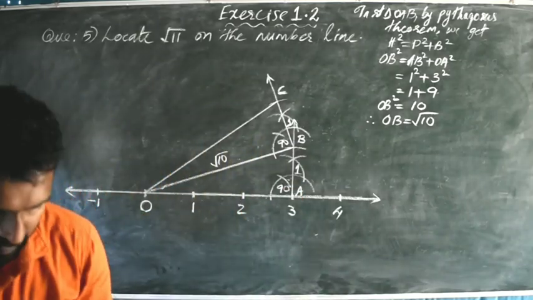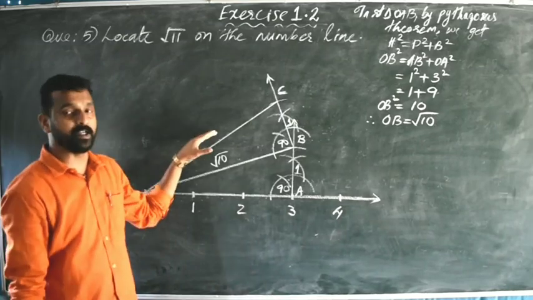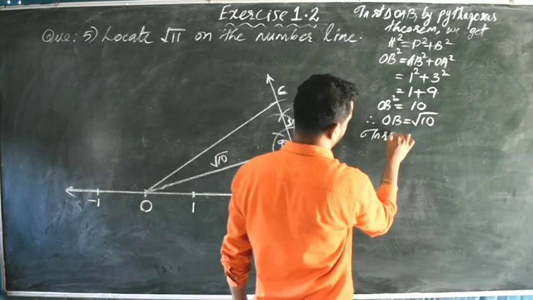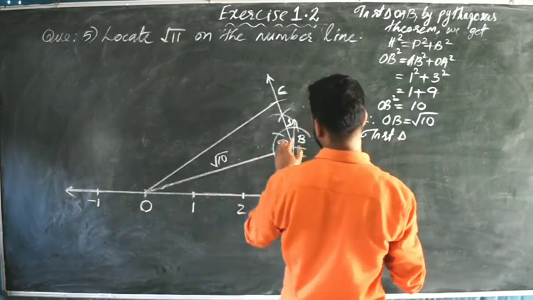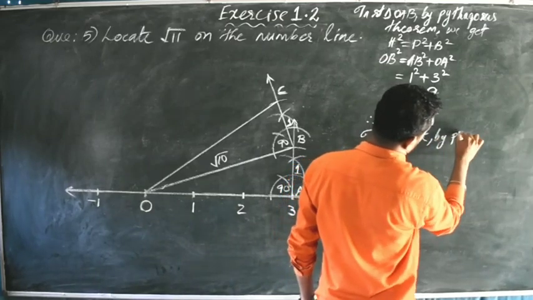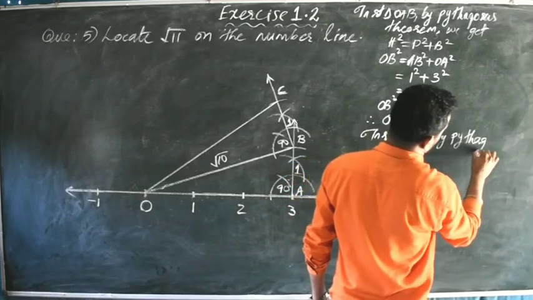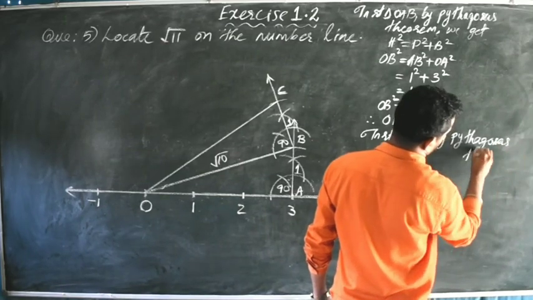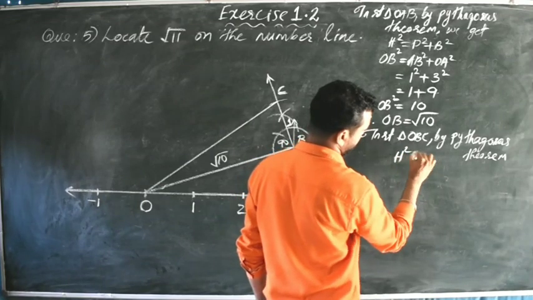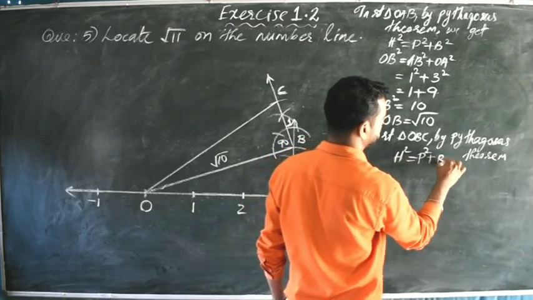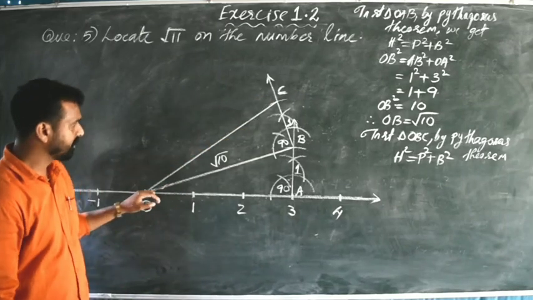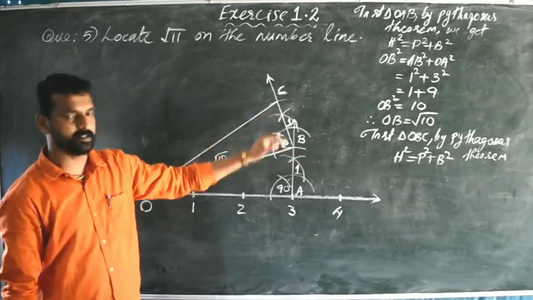Again there we can use Pythagoras theorem to find the hypotenuse. So we will write, in right triangle OBC, by Pythagoras theorem, hypotenuse square is equal to perpendicular square plus base square. OC is the hypotenuse, OB is the base, and BC is the perpendicular.